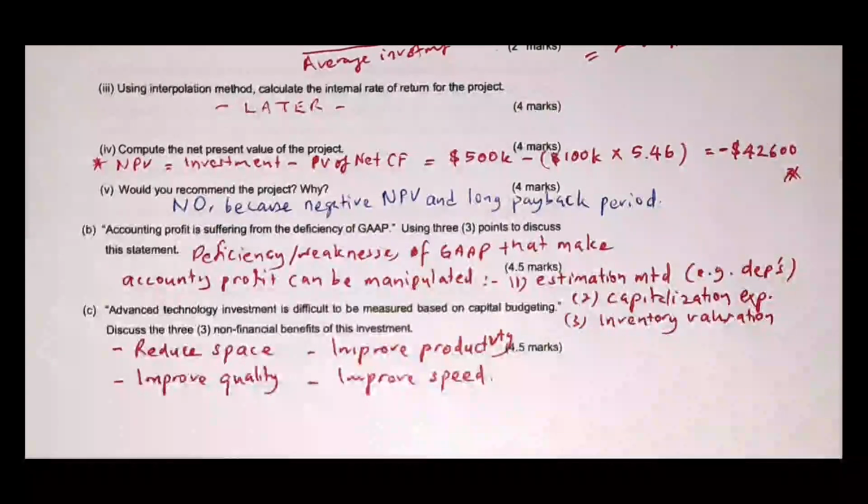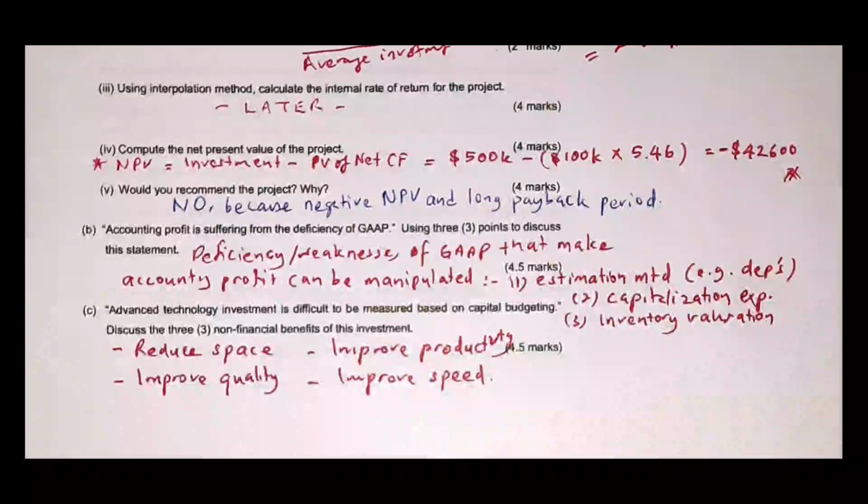If you check the lecture notes, I have shared a sample question about how to calculate NPV if the net cash flow every year is not the same. So this is the simple version.